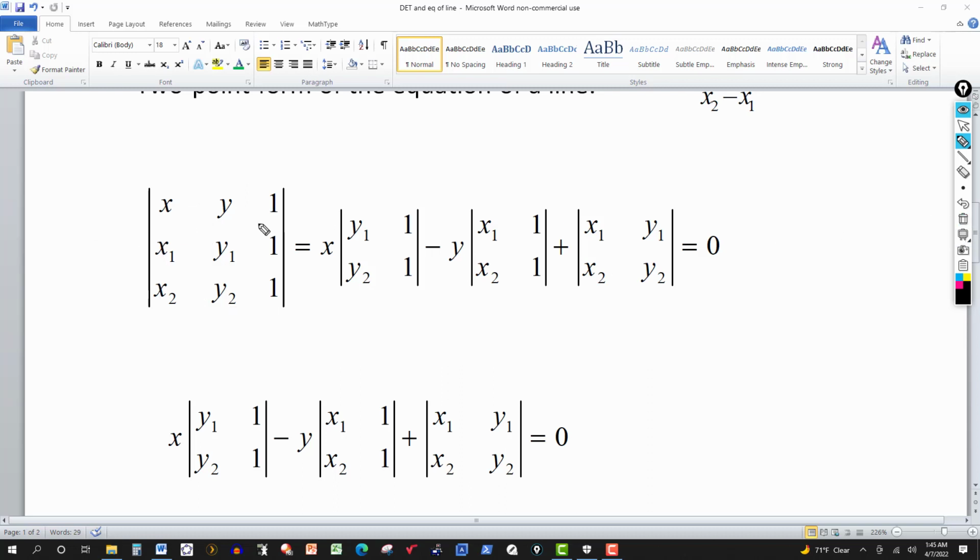And then you go with the next component of that same row. I chose the first row, or you can choose the column. Now keep in mind that the sign changes as you go from one component to the other. So if you're in the 1-1 position, it's always positive. But then the next one changes to a negative and then to positive, and it just alternates that way.